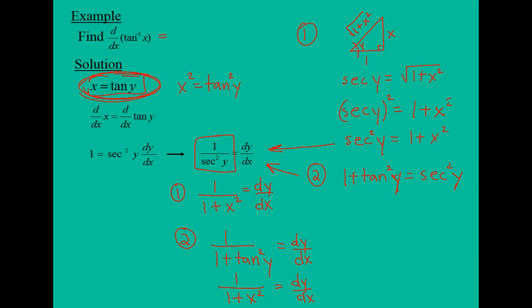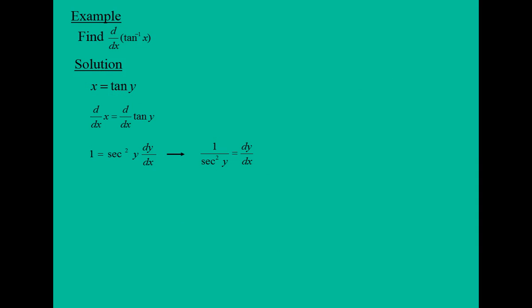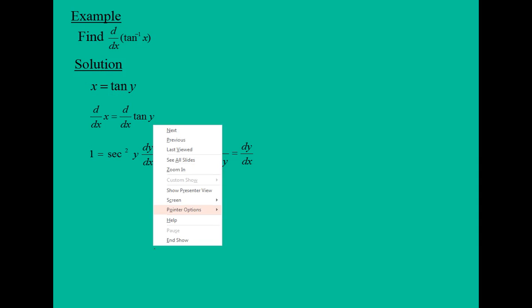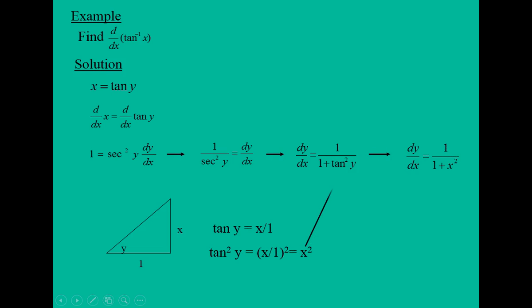We found the derivative to be 1 all over 1 plus x squared. So there again is showing the two different methods.